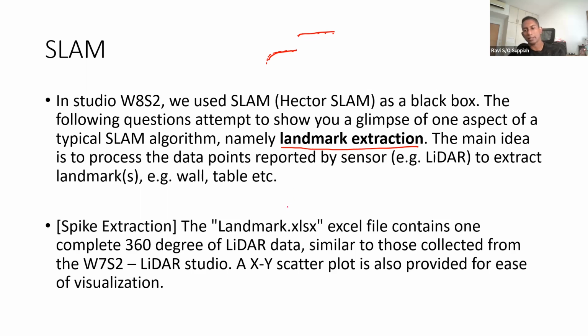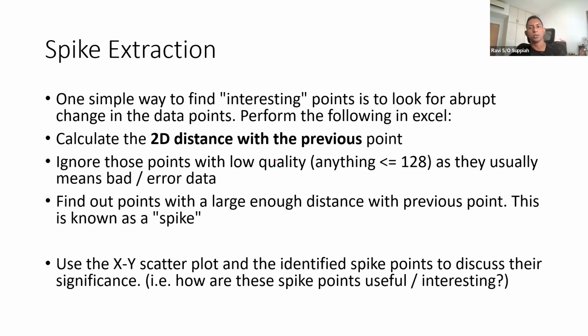In this Excel file, you're supposed to put a formula to look at the distance based on the values that you get. This 2D distance is from the current point together with the previous point, and you do it for values greater than 128. Why?